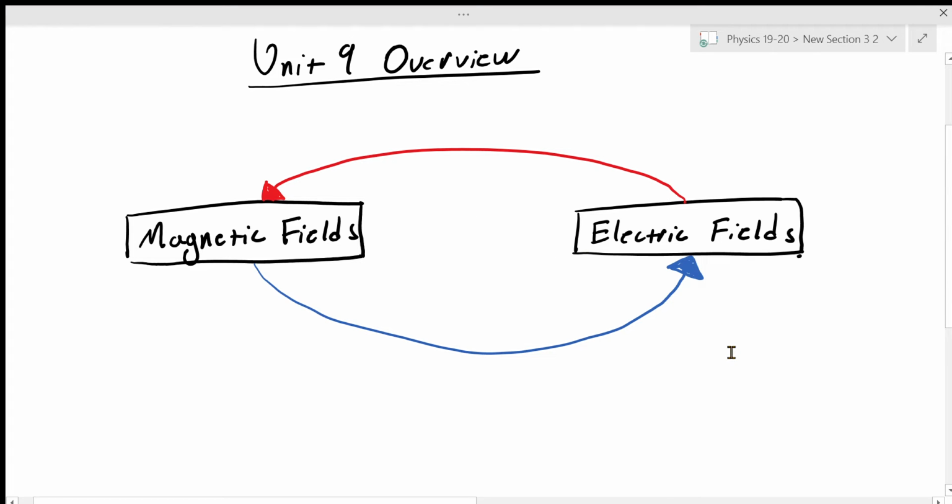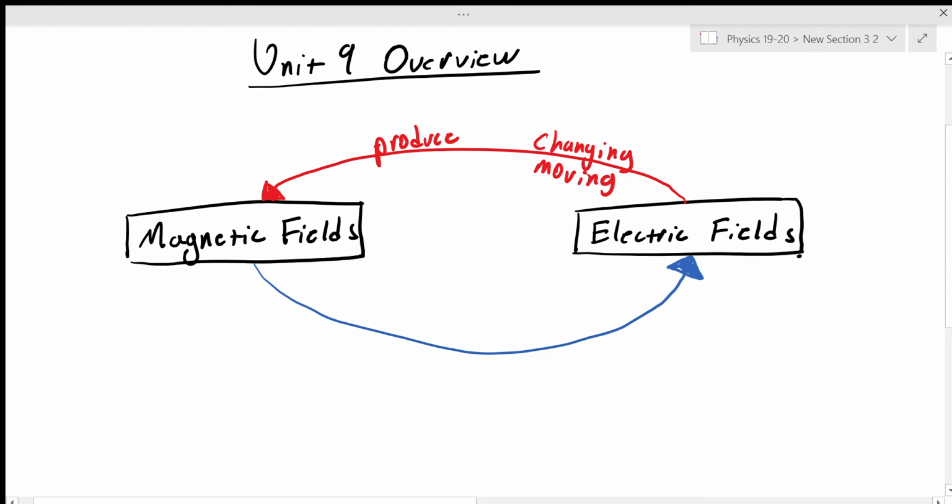So this is what has to happen: if an electric field is changing or moving, which we'll see is the same thing at some point, that will produce a magnetic field.